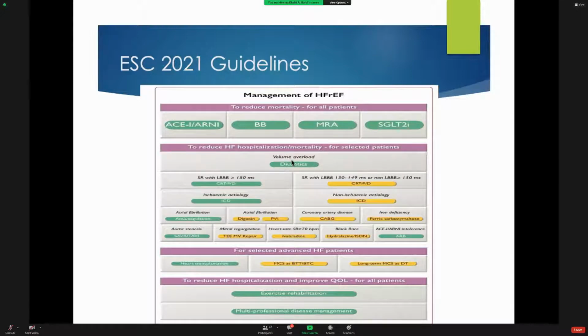And if the patient has a volume overload, you will give them diuretics. And if the patient has a left bundle branch block, you might consider the device therapy, CRT-D or P. And if the patient has atrial fibrillation or aortic stenosis, you will treat those medical problems individually.